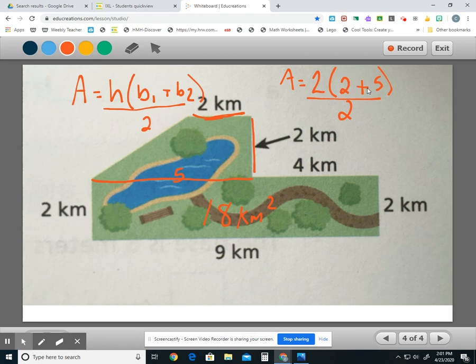Well, 2 plus 5 is 7. 7 times 2 is 14, right? 14 divided by 2 is 7. So I know that this part in here is 7 kilometers squared. So again, I have to put this measurement together with the second measurement, and I get a total of area is equal to 25 kilometers squared. Okay, and that's it.